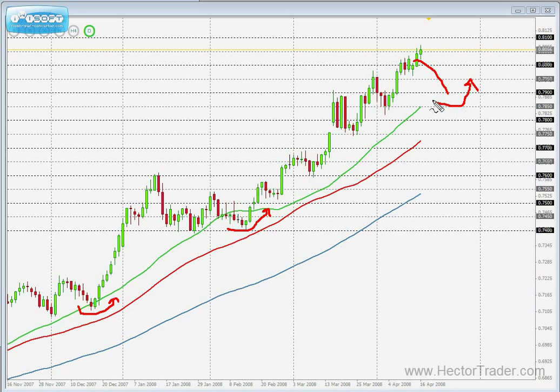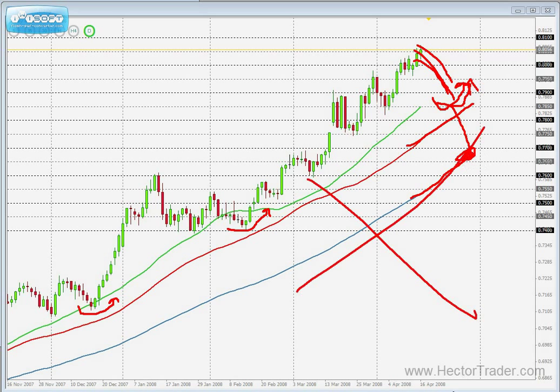If I see that price on the retracement begins to turn around, I will be all over this chart searching for long opportunities.